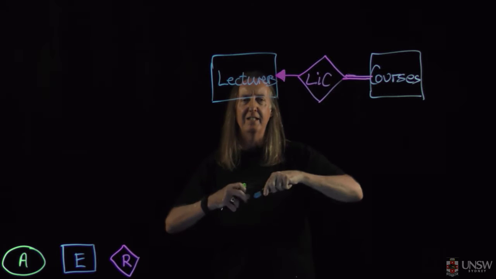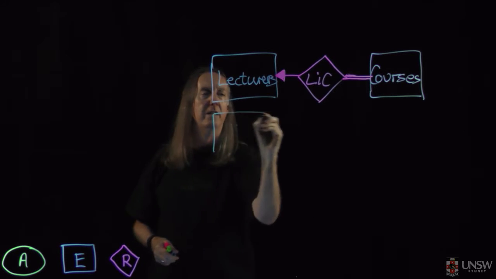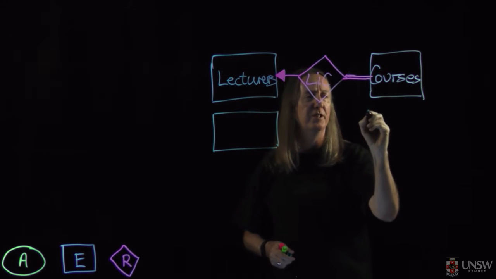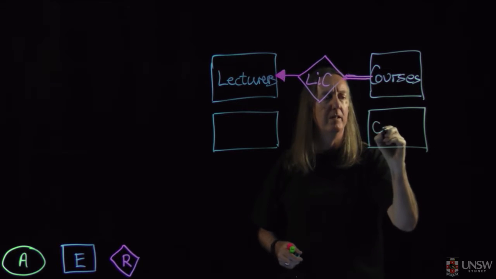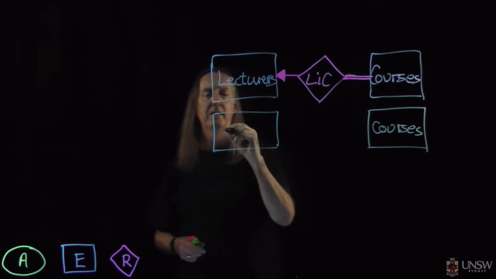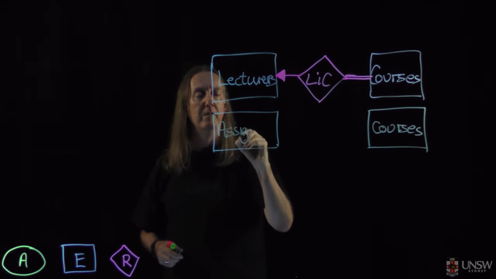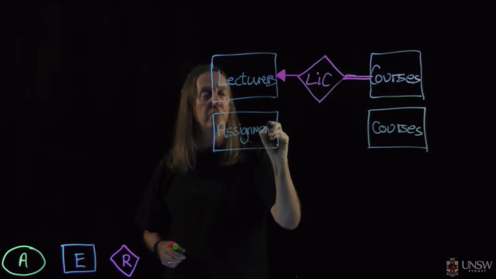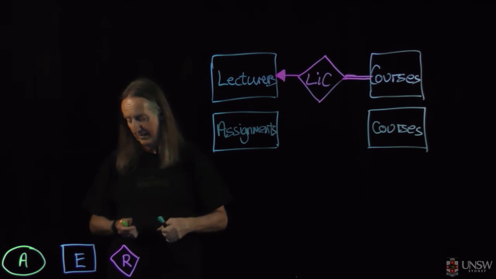Okay, the next item on the agenda is assignments. So I'll do a separate diagram for that, and I'll write courses again just so it makes the diagram a little bit neater. So we've got courses and assignments. Now, we don't reuse assignments in courses, because if we do, students tend to just get solutions from the last time the course was run.